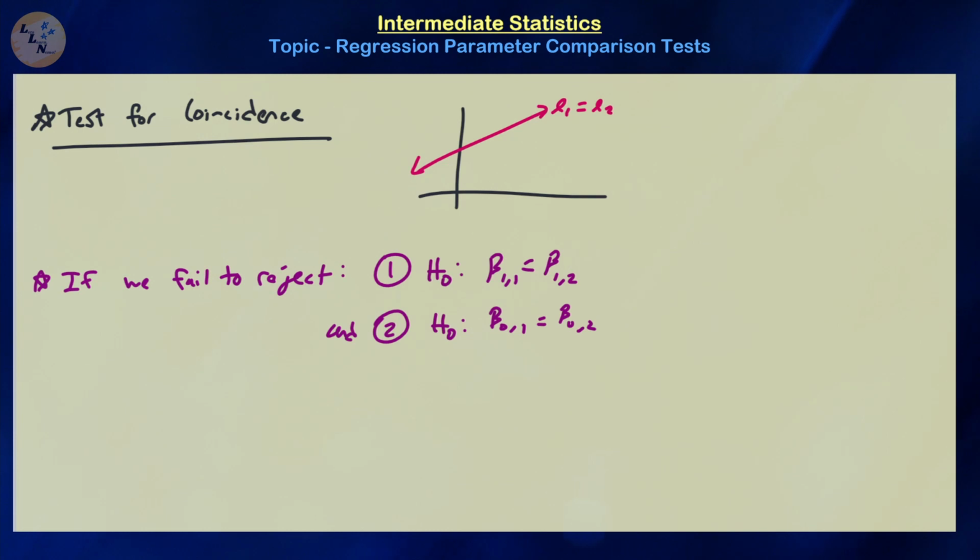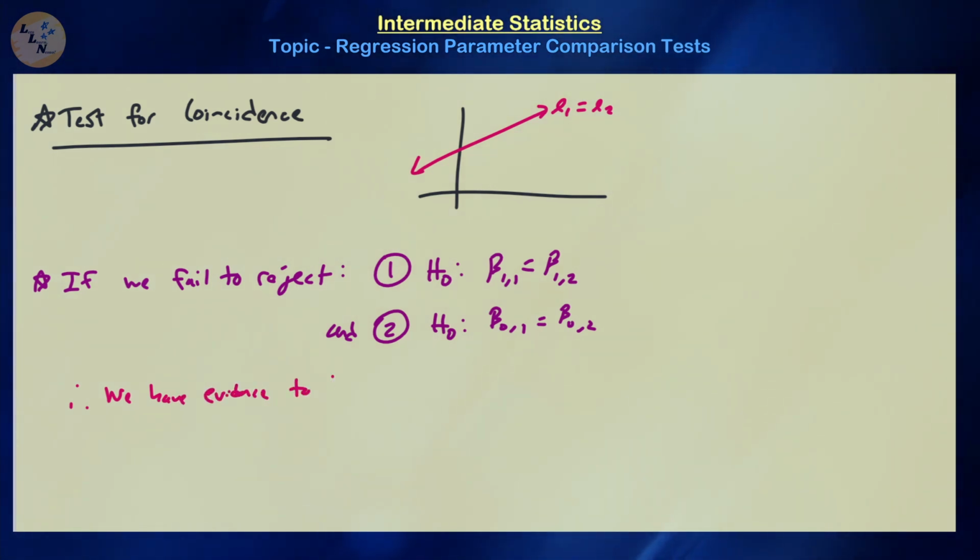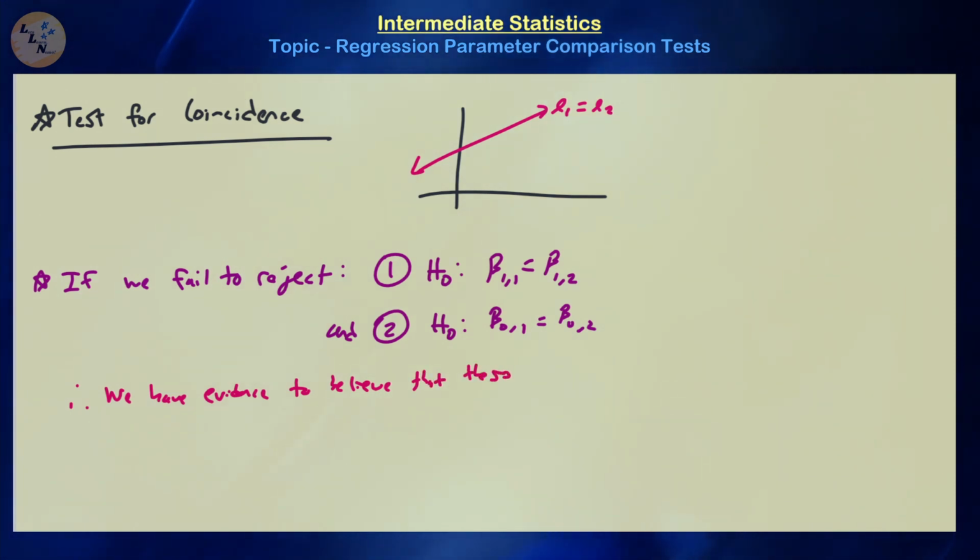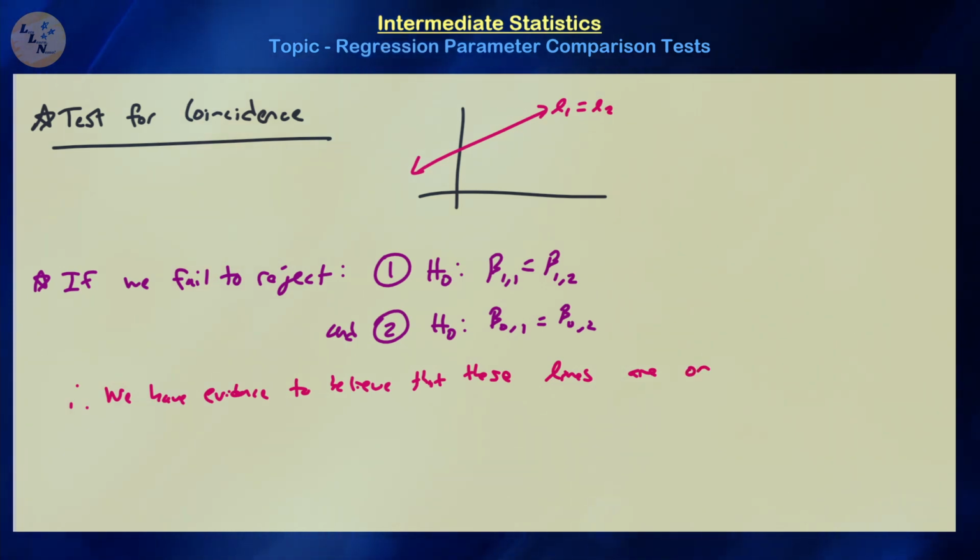That is, we have evidence to believe that the vertical intercepts are equal to each other. That means we have evidence to believe that these lines are one and the same, right?